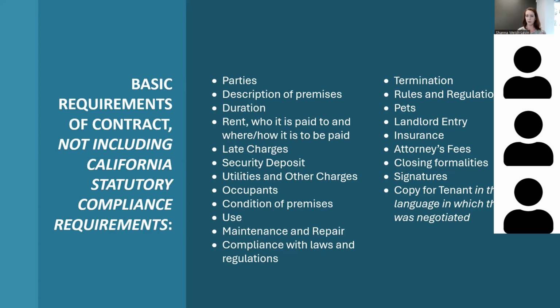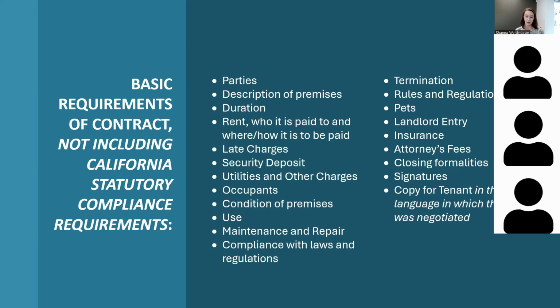I can give you any number of examples where the use of the property becomes a part of the dispute. So I like to put in a lease that the use is for a personal residence only. And then, of course, if the tenant wants to negotiate a different type of use, they can address that with the landlord.